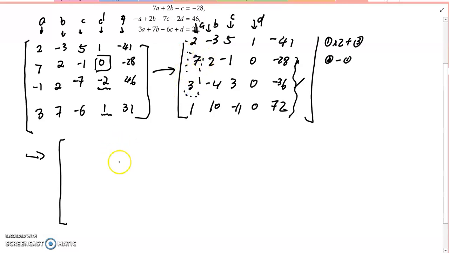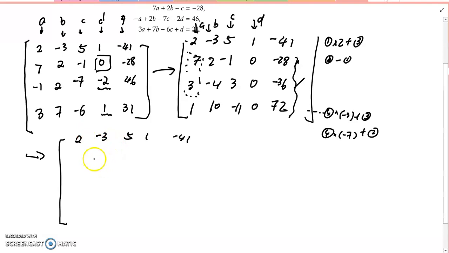So it's easy to reduce this part. What I want to do is the fourth row times -3 plus the third, and the fourth row times -7 plus the second. Now what do we have? Keep the first the same, 1, -41, since we are operating with the fourth row.